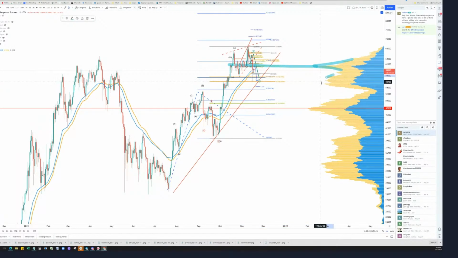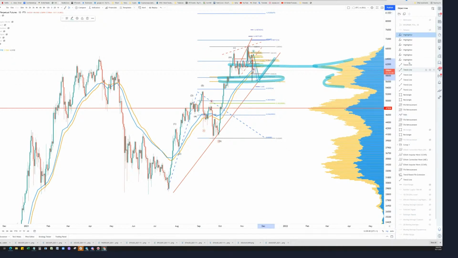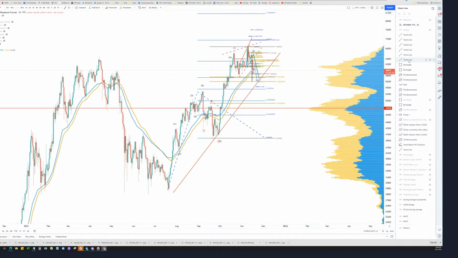Then we've got this volume profile here, which is looking like support, and it's at the macro Fibonacci level, which could, like I said, go up. We didn't even talk about this red line. So you can see this other perspective. And let's clean it up a bit.